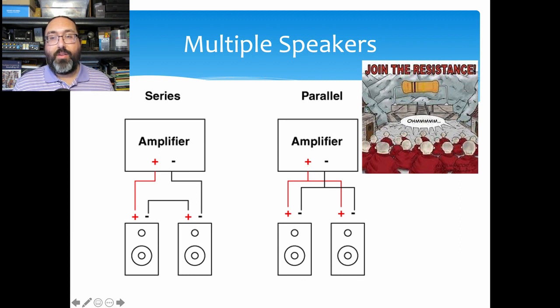In that, connecting in series, you go from the amplifier or the power source to one unit, and then you go directly to the next unit, and then you go back to that power source. And in parallel, you run it from one speaker back to that amplifier, and then the other speaker back to the amplifier. 95% of the time when you are wiring speakers, especially if you're daisy chaining through that back port of the speaker, you are putting those speakers in parallel.